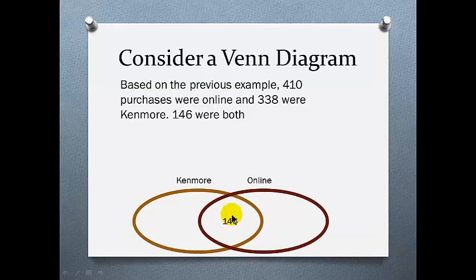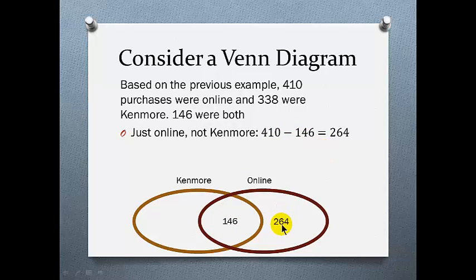Now if I want to know how many were just online, we know in the entire online circle, all of them, there were 410 purchased online. Now we've already accounted for 146 in the middle, so when we subtract out the middle, we find out there are 264 that were purchased online, but not Kenmores.